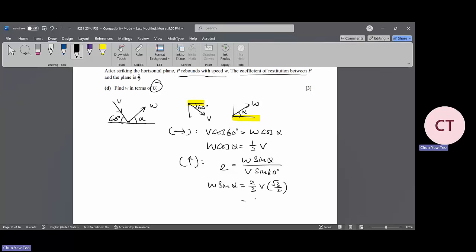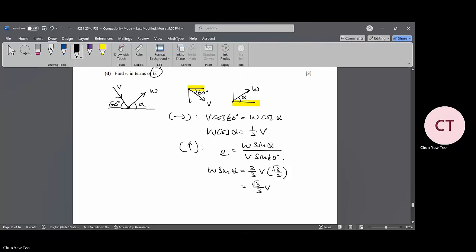So you will get √3/3 V. Okay. I call this one equation 1 and this one equation 2. So just take equation 1 squared plus equation 2 squared.